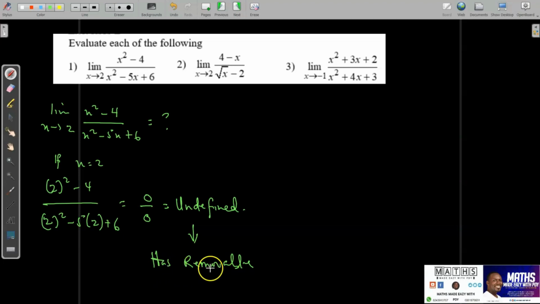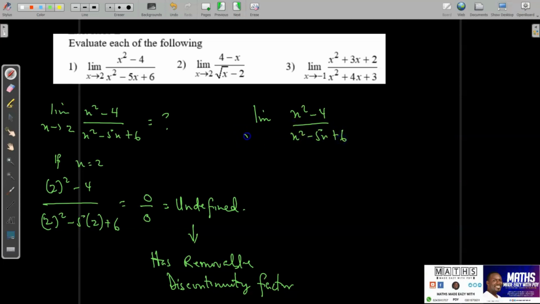Therefore, for the limit of x squared minus 4 divided by x squared minus 5x plus 6 as x approaches 2, we need to write it in factor form so that we do away with the removable discontinuity factor.